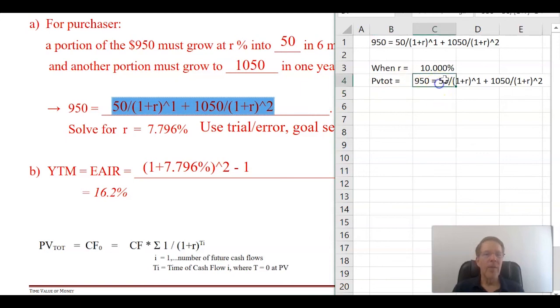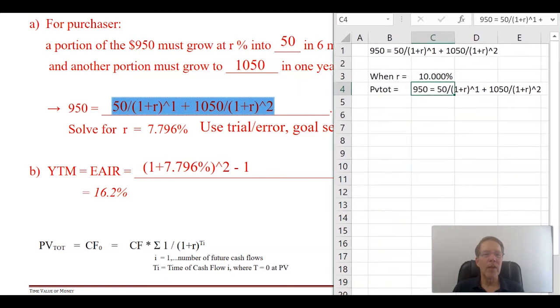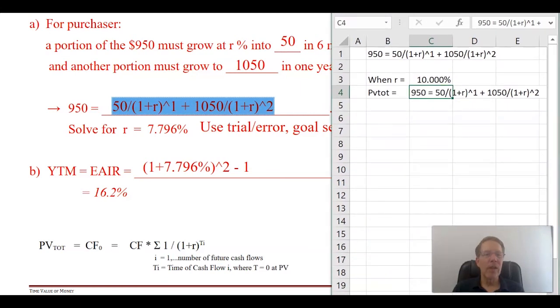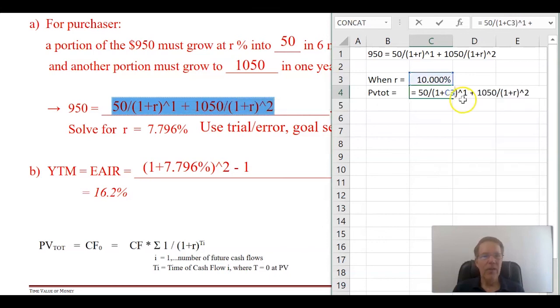Let's bring this down so you can see better what I'm doing. So I'm going to turn this into a formula that Excel can work with, and I'm just going to say C3. So that's going to be 1 plus C3, and I'm going to do that again here, C3, okay. And when R is equal to 10%, PV tote equals that.